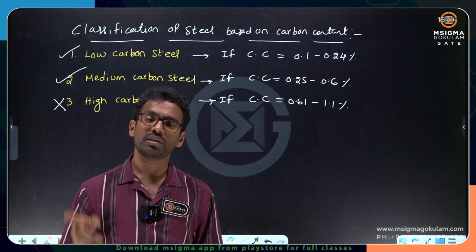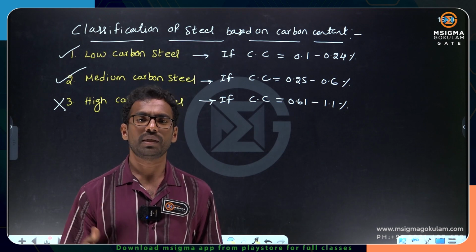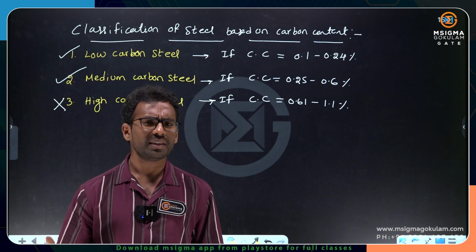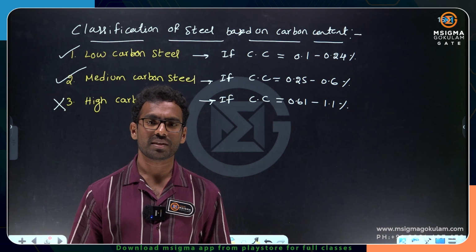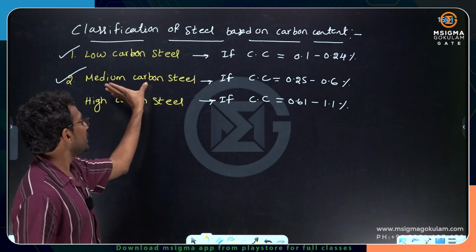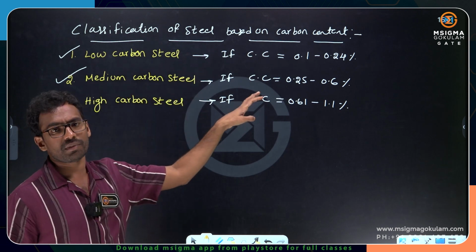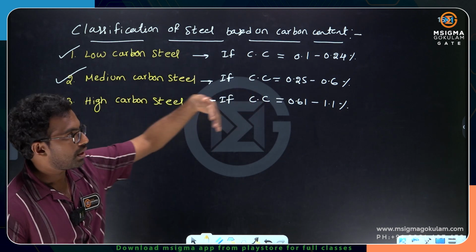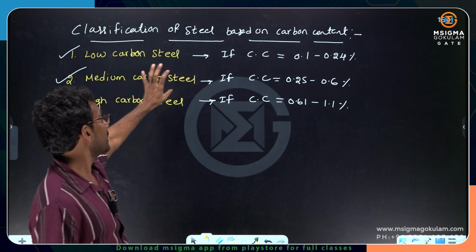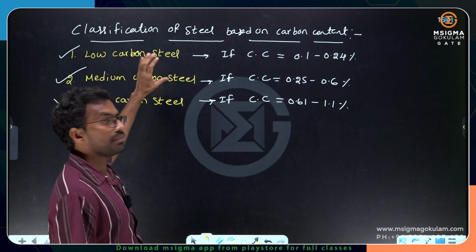Even in trains, most of the wheels and other parts are made of medium carbon steel. Likewise, many things: HYSD bars in RCC construction, TMT bars in RCC construction, all those materials are basically made of medium carbon steel. And high strength steel used in pre-stressed concrete as well as steel structure construction also comes under medium carbon steel.